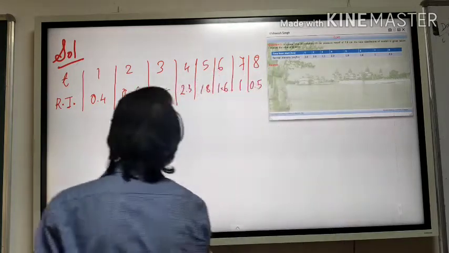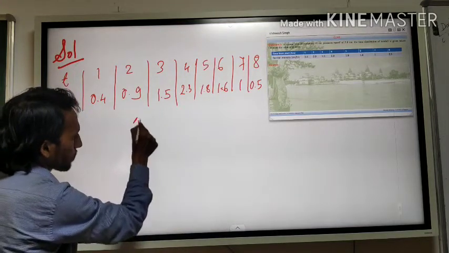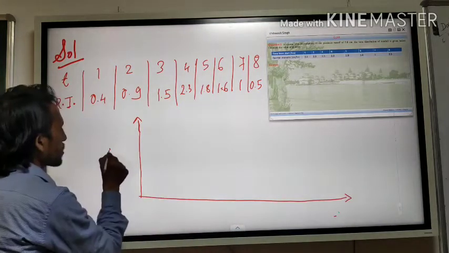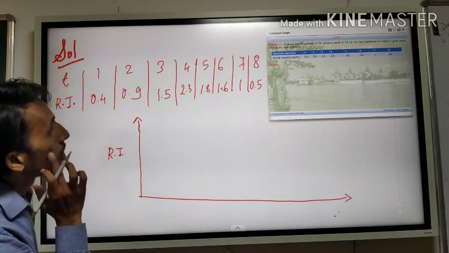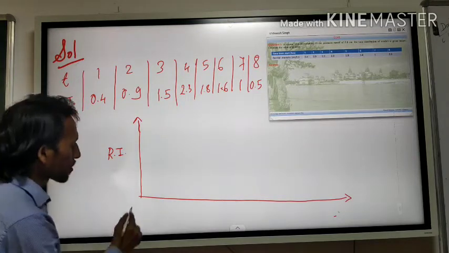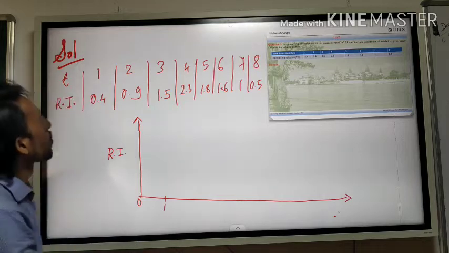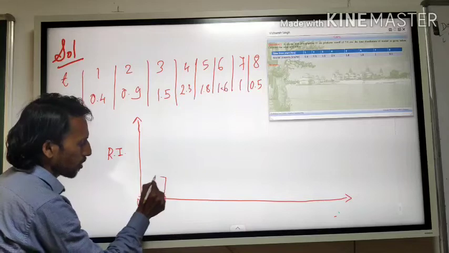If you draw the hydrograph for this, this is nothing but rainfall intensity. From 0 to 1, what is the value of intensity? 0.4. Draw it.